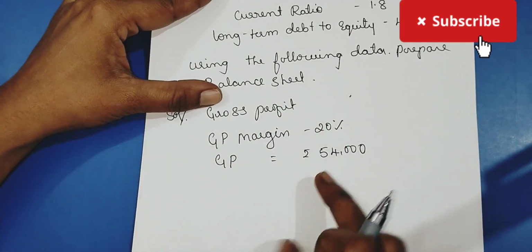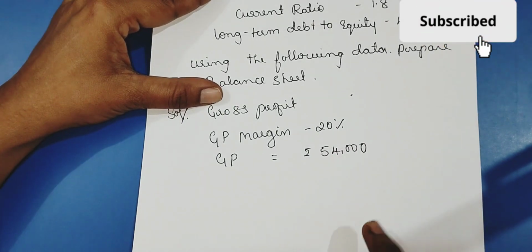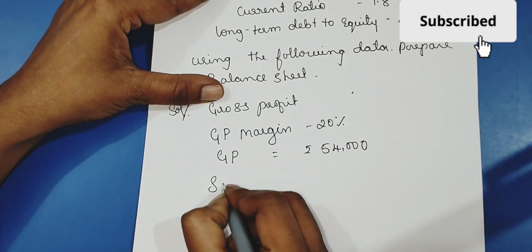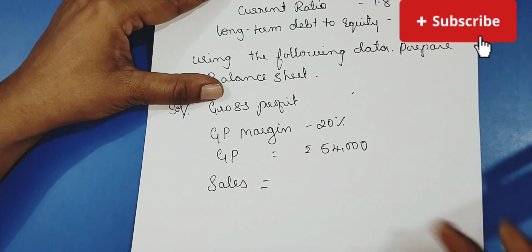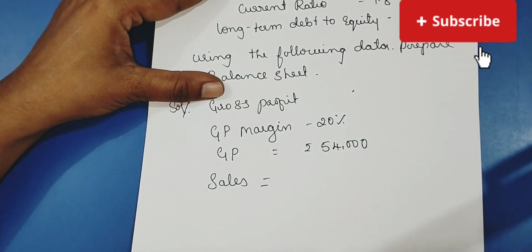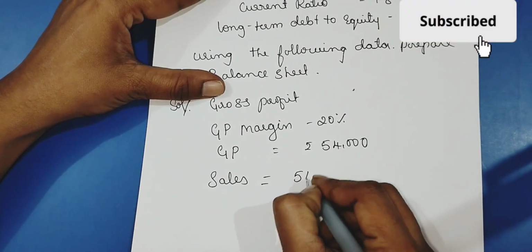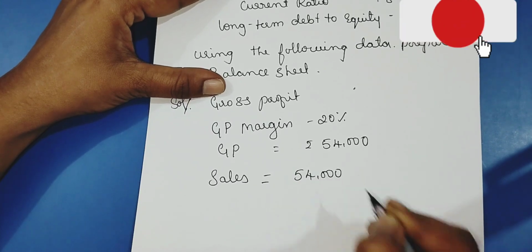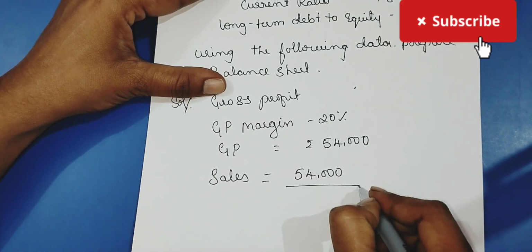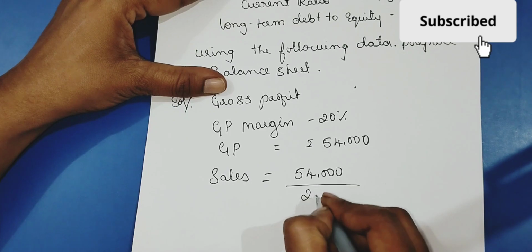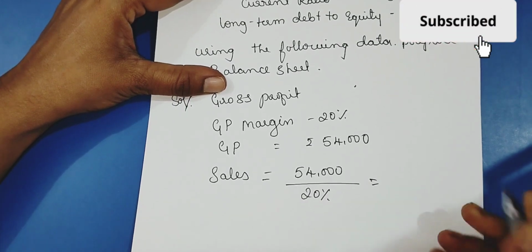Now, with the help of this information, we can find the sales. How? It is GP divided by GP margin 20%. So, what is our sales?